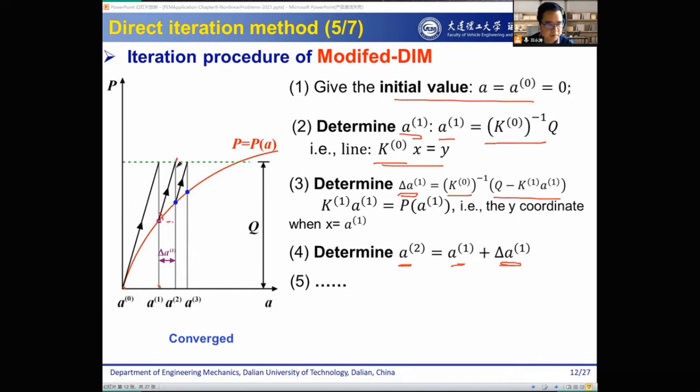We use this distance, and then we get delta A1, and then we can find A2. We assume the steps from A0 to A1 and A1 to A2 are small. Then we have those.